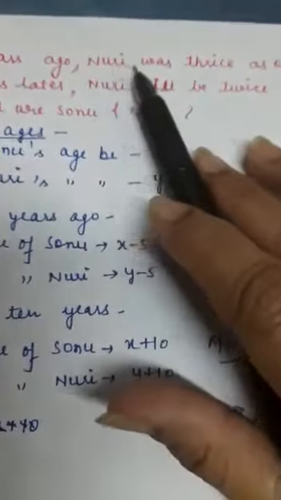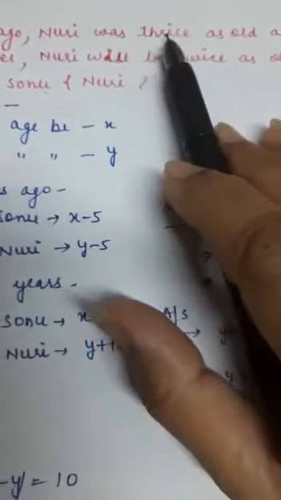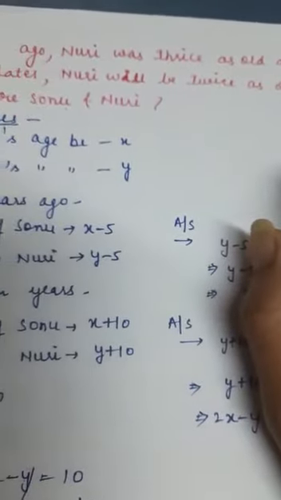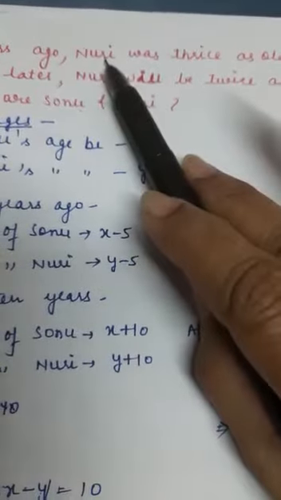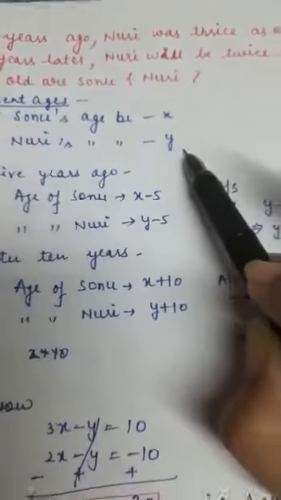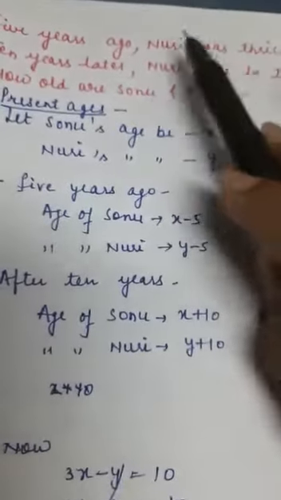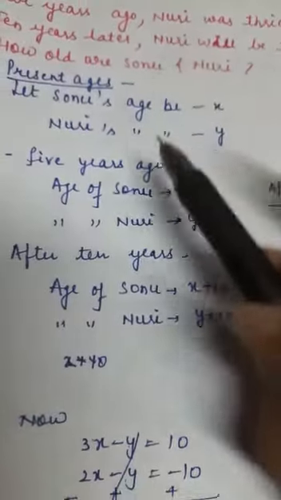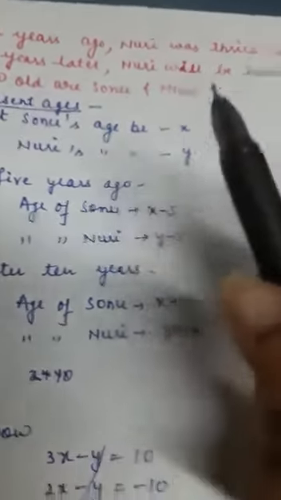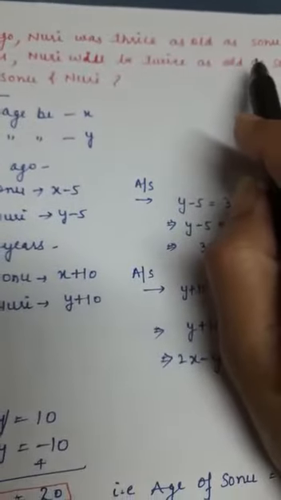Now, what will be Noori's age? Let Noori's present age be Y. One variable we have taken as X, one variable we have taken as Y. Now, my first statement: Noori's age is thrice the age of Sonu.